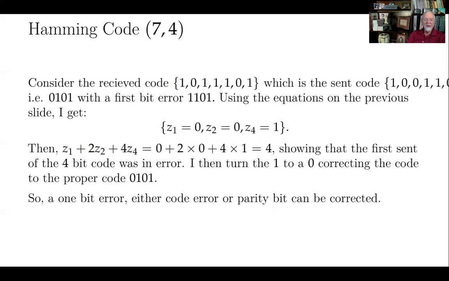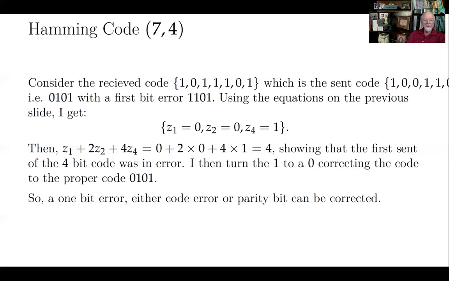So the original code was sending a 0101, and the first bit error was incorrectly computed, so you get 1101. And the parity bits are still in there, 101. Not 123, but 124. Okay.